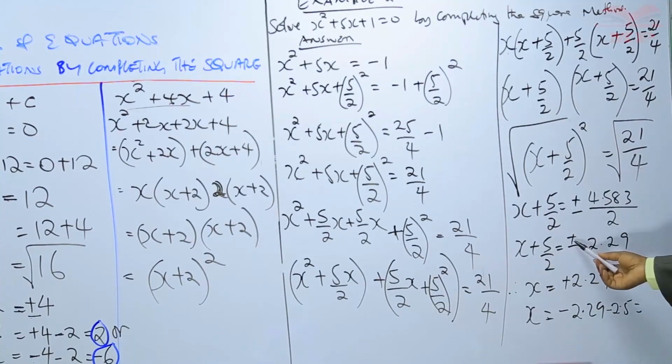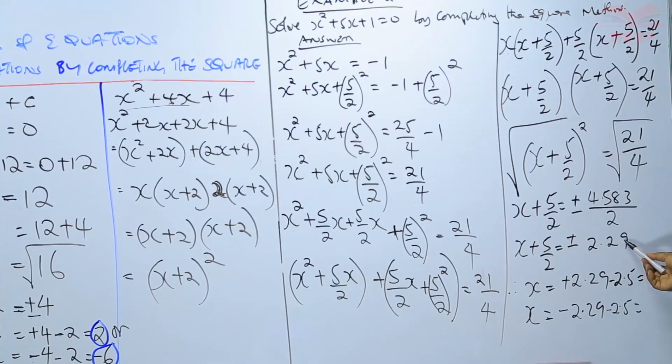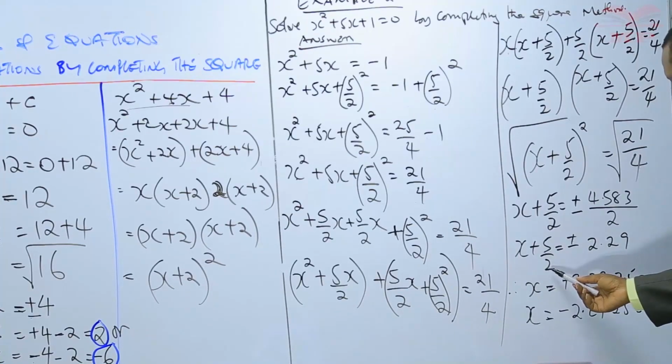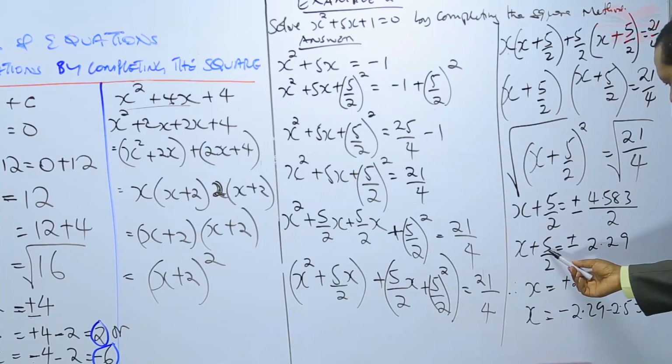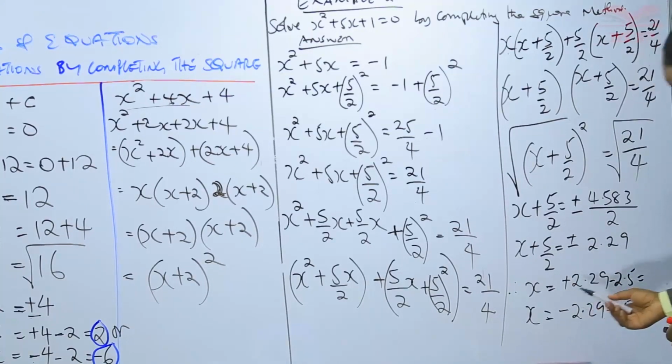So x is either equal to plus 2.29 minus 2.5. I've converted the improper fraction to decimal, because here we are working with decimals. So 2.29 minus 2.5 is equal to minus 0.21.